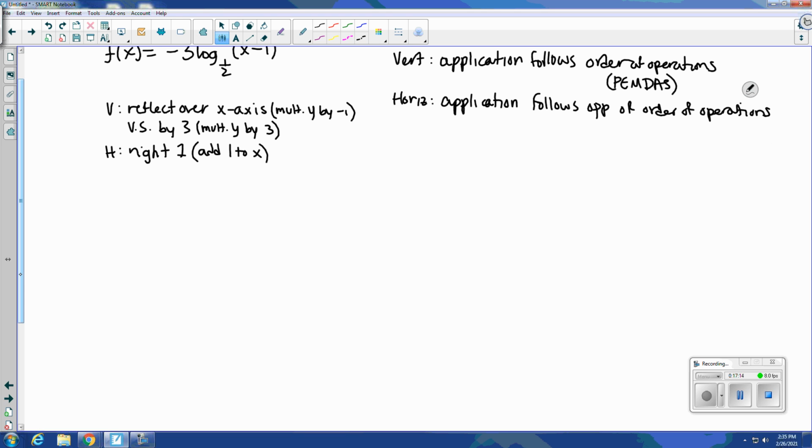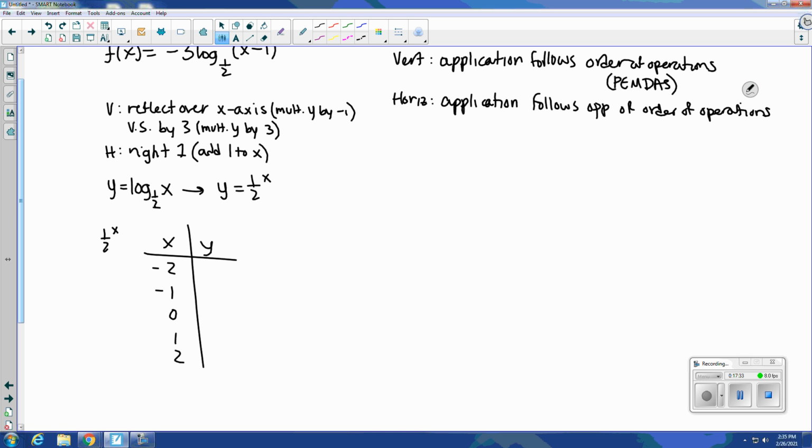So let's get started. We know the parent function that we're going to use to generate our exponential is log base 1/2 x. So the exponential is y equals 1/2 to the x. To get our table, 1/2 to the x, x y, let's choose some points that are easy to evaluate. Couple negatives, 0, couple positives to get the full picture.